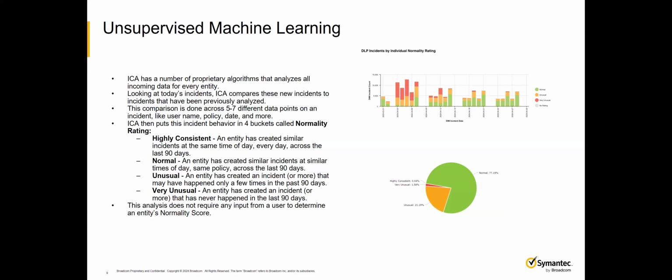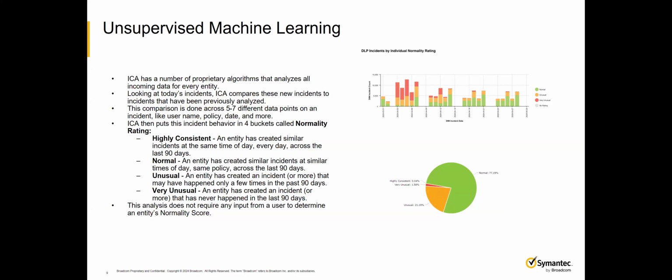When I say unsupervised machine learning, this happens on its own within the ICA engine. This happens as incidents and data flow into the actual platform. This is our ICA proprietary algorithm, which analyzes all of the data coming in. This again happens during those two processing jobs that I've talked about.